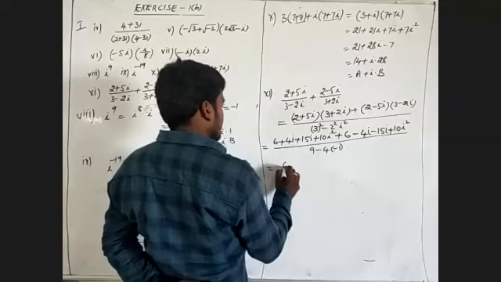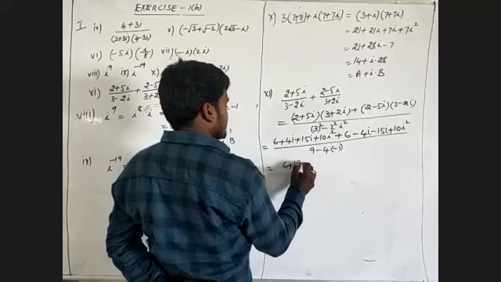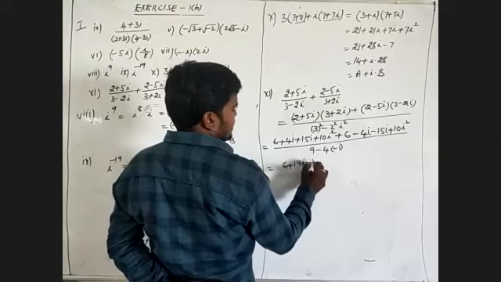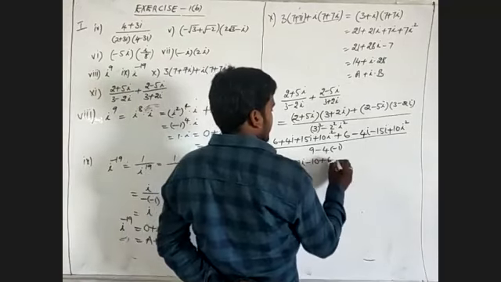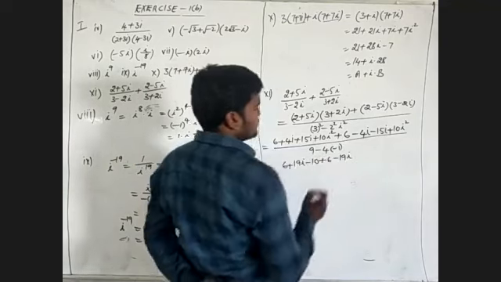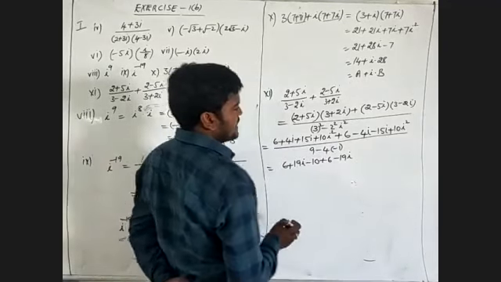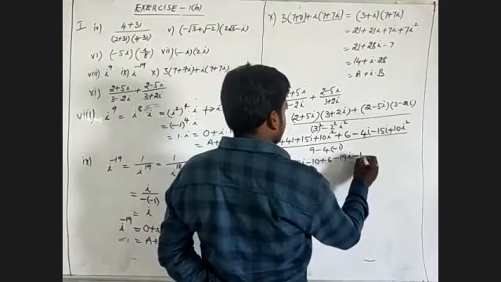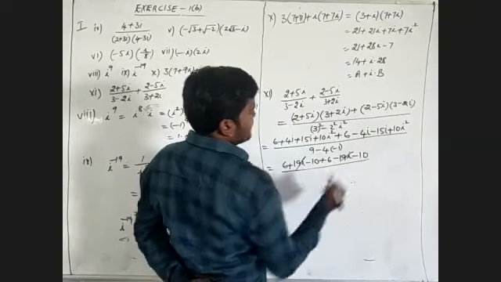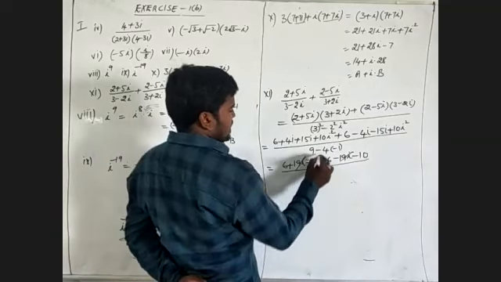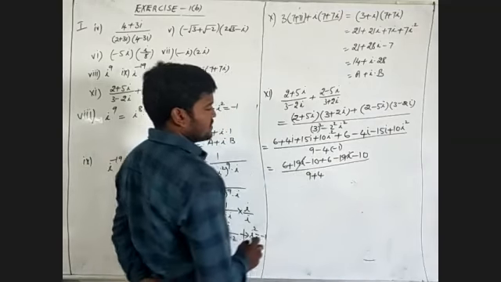6. 4i plus 15i is 19i. 10 into i square is minus 10. Plus 6, minus 19i, after that remaining is minus 10. That means plus 19i and minus 19i will be cancelled. Remaining is minus into minus becomes plus, 9 plus 4.